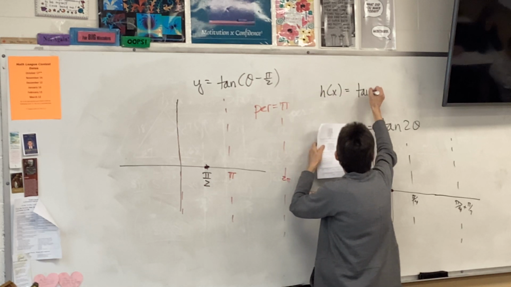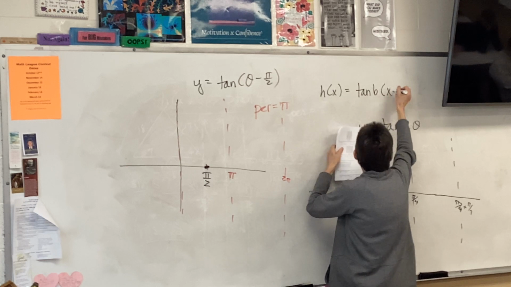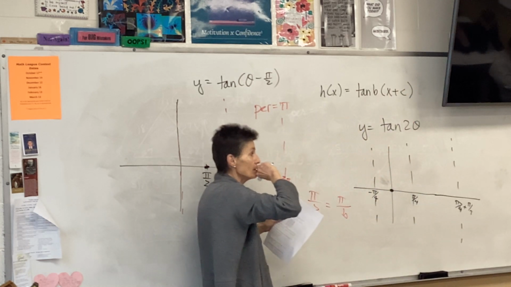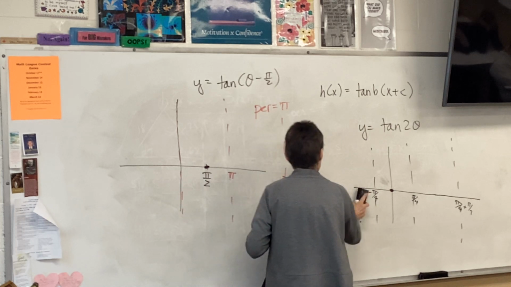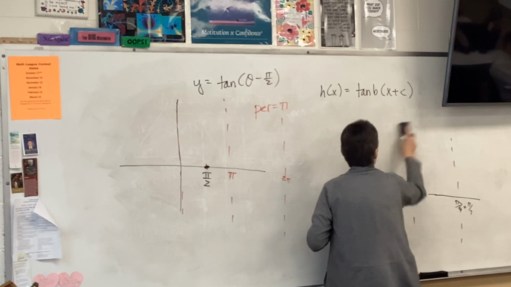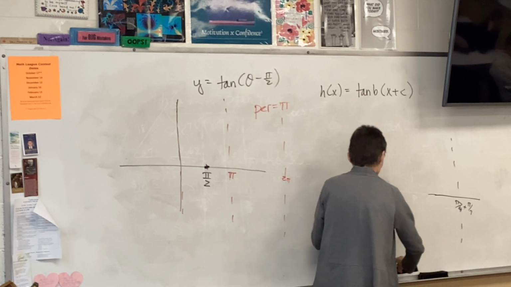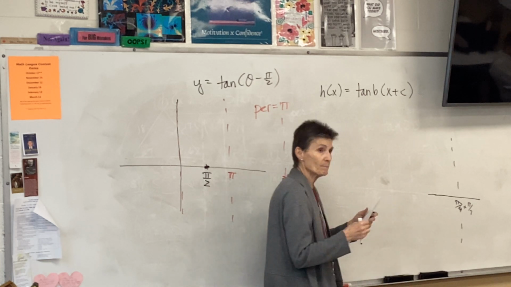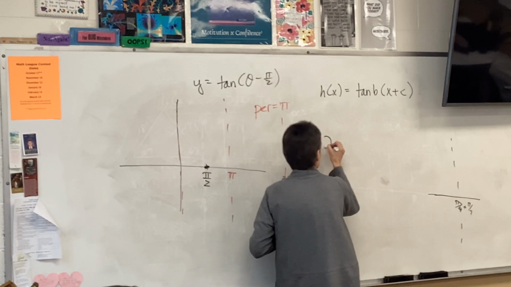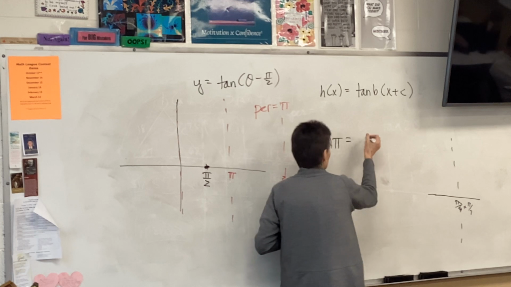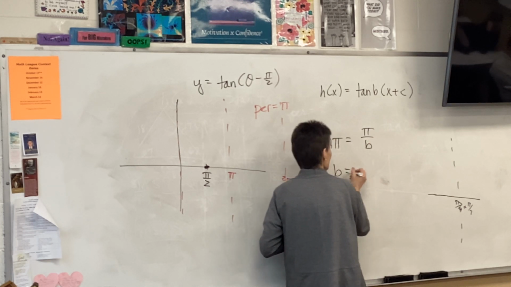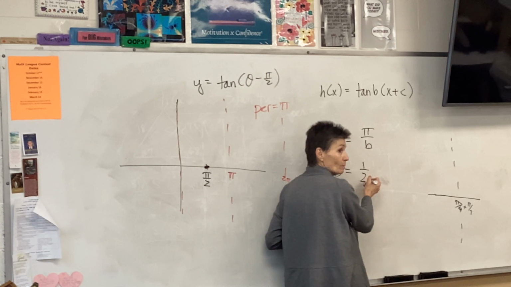It's tan(Bx + C). Okay? Now, tell me about the period of the picture he drew. The period of the picture he drew is 2 pi. So period equals pi over B. So it looks like B has to be 1/2.